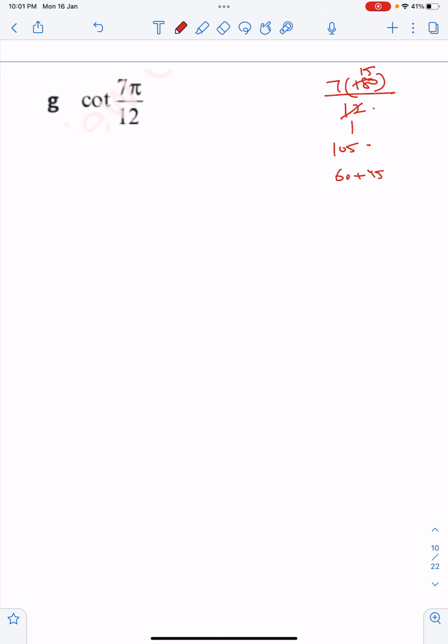Okay, and 105 is equivalent to 60 plus 45. So I am going to write 60 is equal to pi by 3 and 45 is pi by 4. So I can write it as cot of pi by 3 plus pi by 4. I'm going to use the formula for tan, writing out the general formula first.